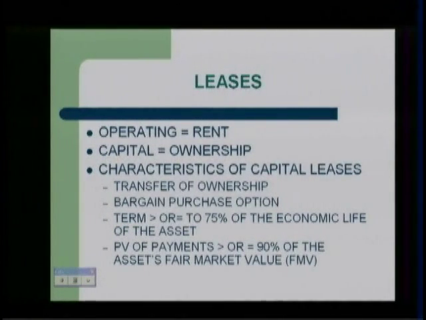The second item would be a bargain purchase option. In other words, often in a lease, the person who is actually leasing the asset, or the firm that's leasing the asset, may have the ability to get that asset at the end of the lease term for a very small amount of money. Often if you lease a copier for 3 years and you make payments on it for 3 years, at the end of the 3 years you can actually purchase the copier for $10.